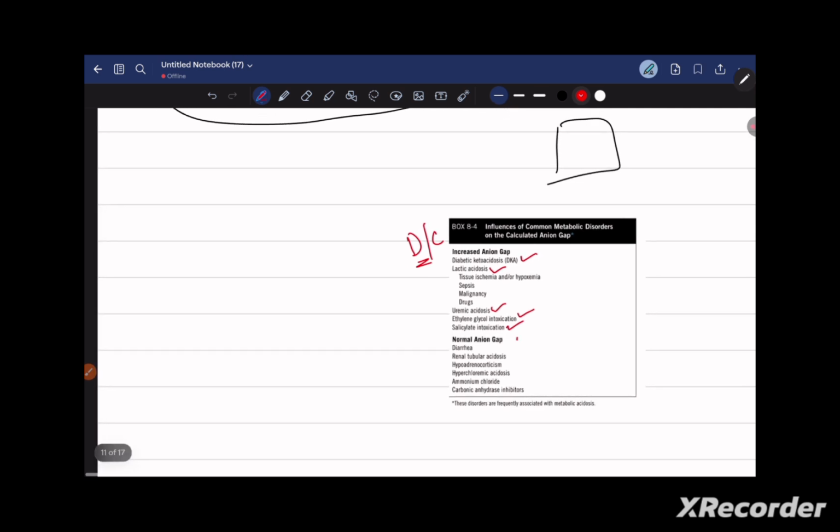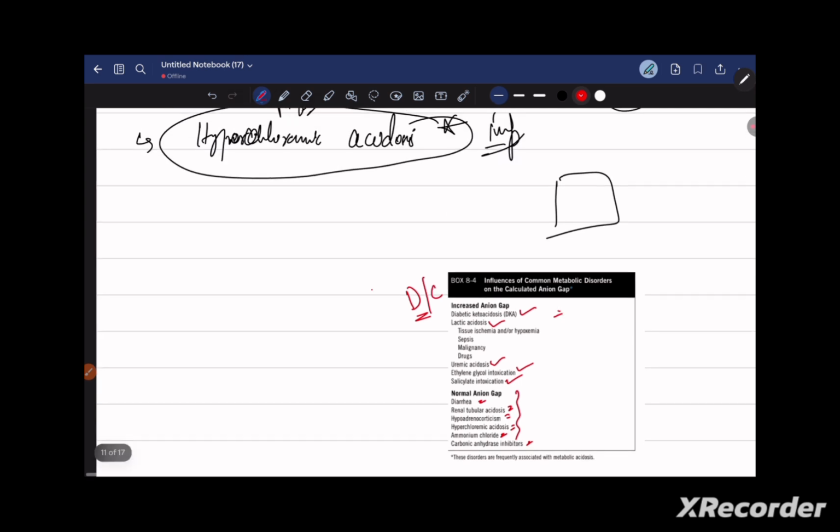Normal anion gap is seen in diarrhea, renal tubular acidosis, hypoadenocorticism, hyperchloremic acidosis, ammonium chloride, and carbonic anhydrase inhibitors. And one thing you have to remember: when you give 0.9% normal saline, hyperchloremic acidosis is also seen in DKA.